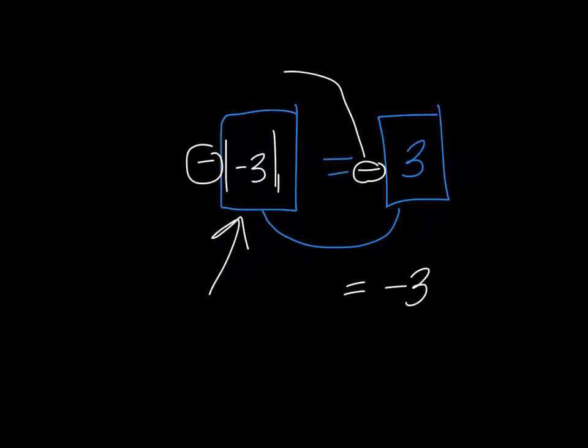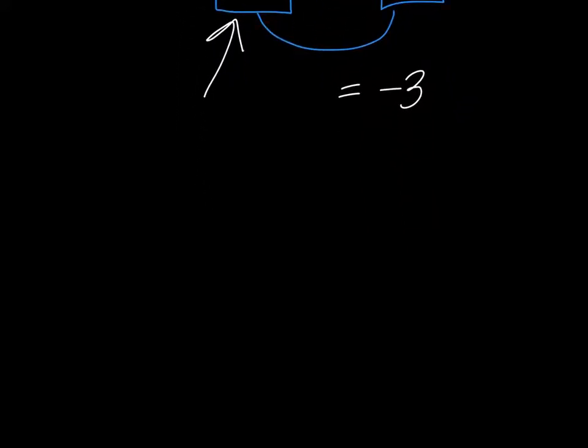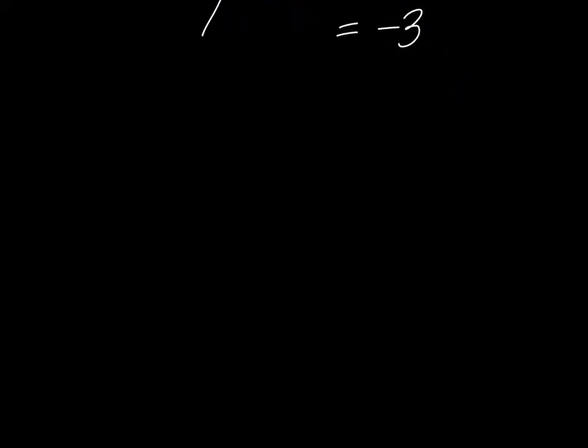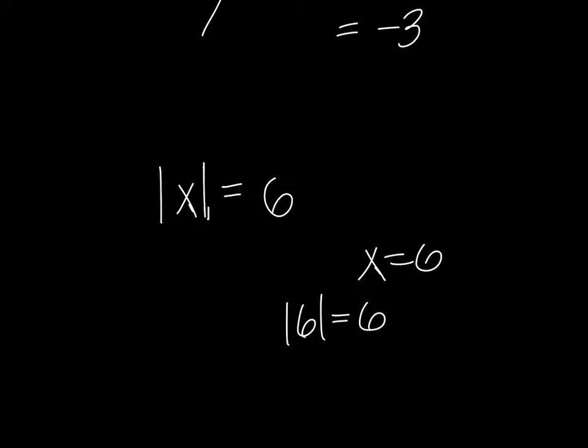You also need to think about what if, this is algebra, so this wasn't actually any algebra here, this was just talking about absolute value. So what about algebra? Well, what if I brought in the absolute value of x equals 6? Well, most people are going to go right away that x equals 6 because, yeah, if I take the absolute value of 6, I get 6.